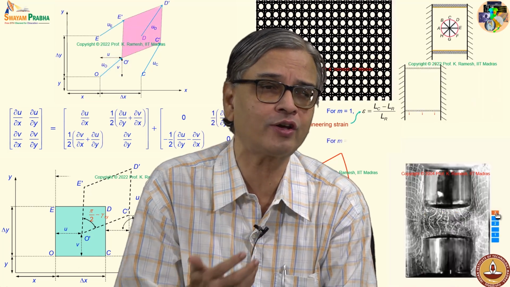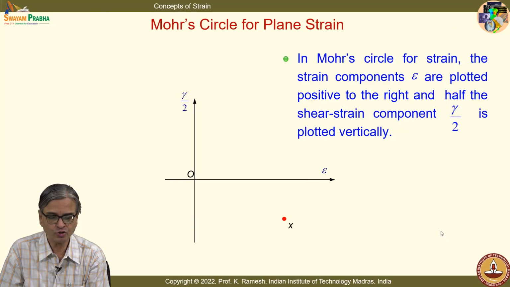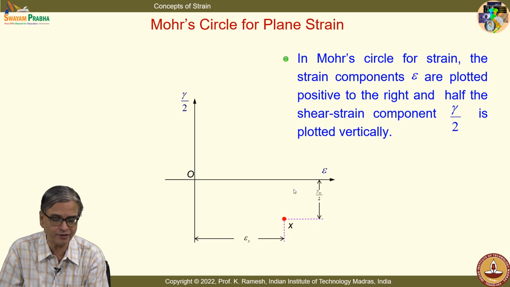So, I need to follow a convention. The convention is the same as what you do for stress. You plot the positive shear strain for the x direction downwards, and you have no difficulty in plotting epsilon x, that you will naturally put on the positive axis. There is no difficulty there, but you have to follow a convention.